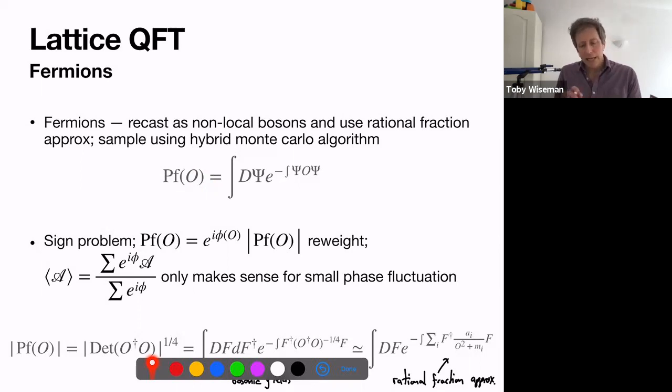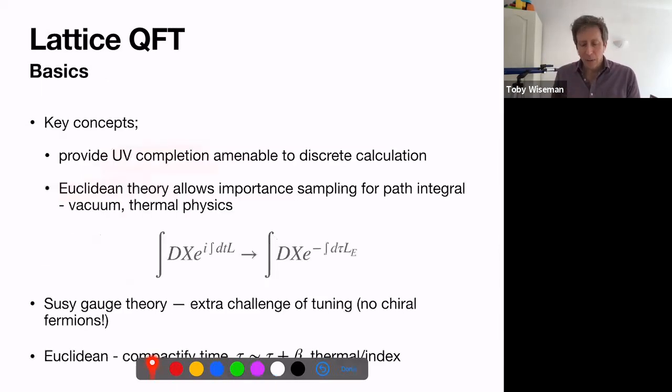The issue is that Monte Carlo methods work very well with a real Boltzmann weight. But if you have a complex weight, they're hopeless. They don't work at all. Rather, you completely lose control, which is why you can't directly simulate Lorentzian theories on the lattice.